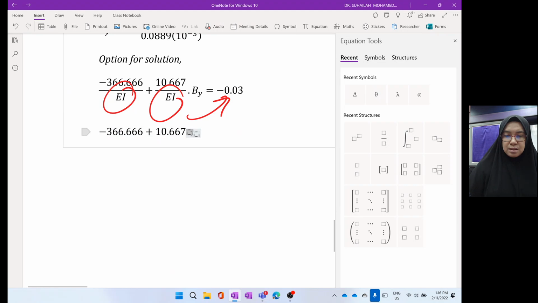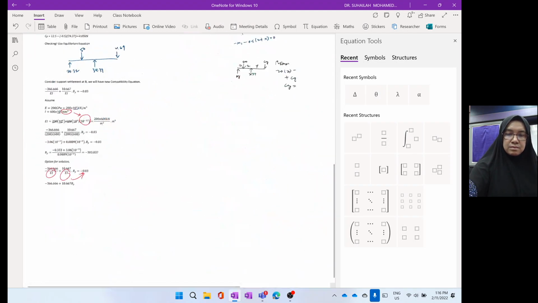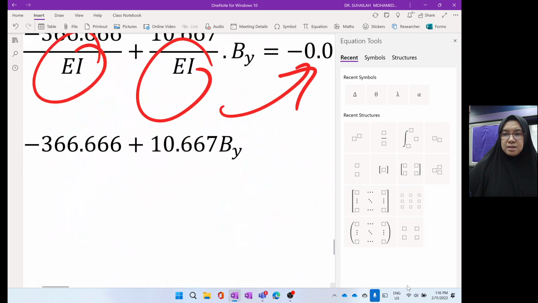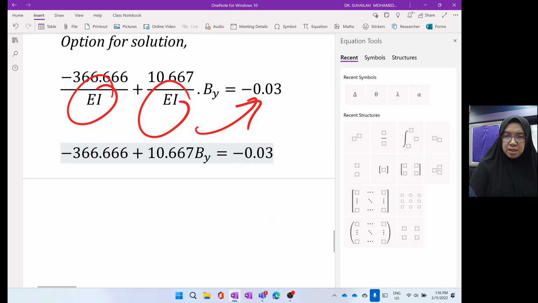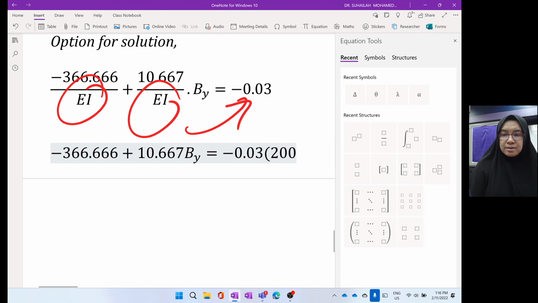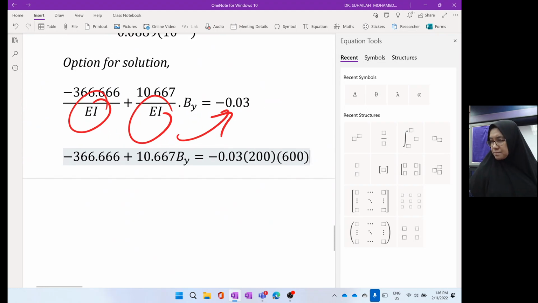BY ni equal to negative 0.03 kali dengan EI, 200, 600. Mana lagi senang? Okey, cuba solve yang ni.